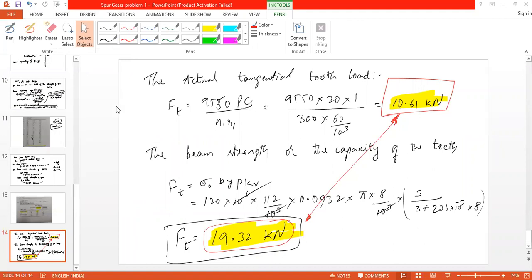A gear drive is required to transmit a power of 22.5 kilowatts.